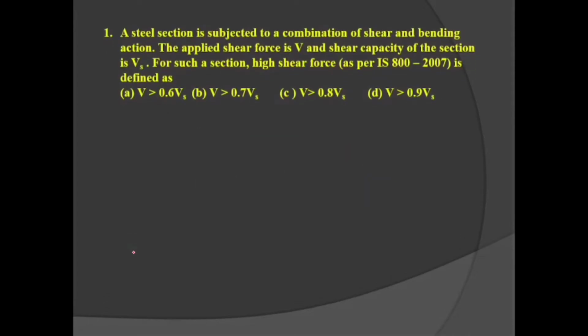Our first question is, a steel section is subjected to a combination of shear and bending action. The applied shear force is V and the shear capacity of the section is Vs. For such a section, high shear force, as I had discussed, is when the value of V becomes more than or equal to 0.6 Vs. In this situation, our section is defined as a high shear case.